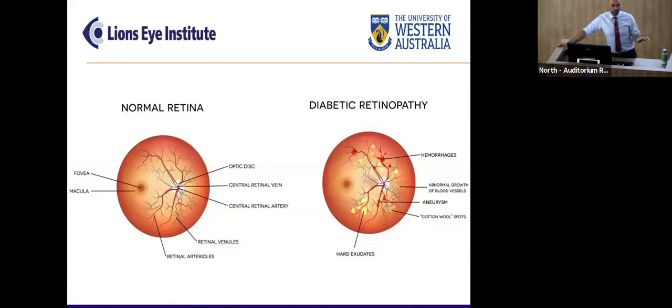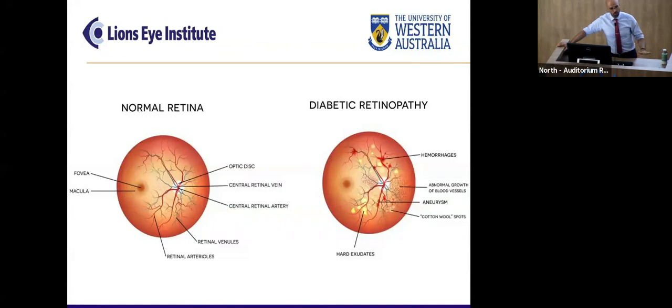That's lost in diabetic eye disease. So you get leaky retinal vasculature, just like you get in the rest of the body, in the kidneys and elsewhere. As a result, you get leakage of blood, leakage of fluid, and leakage of lipid. And these are the signs that you see when you see an eye with diabetic retinopathy.